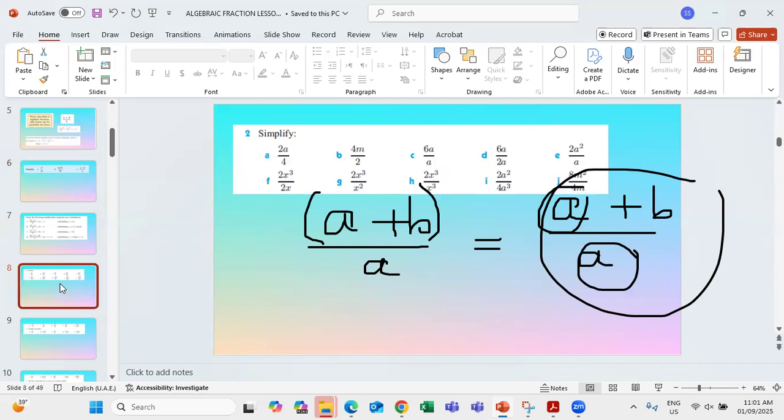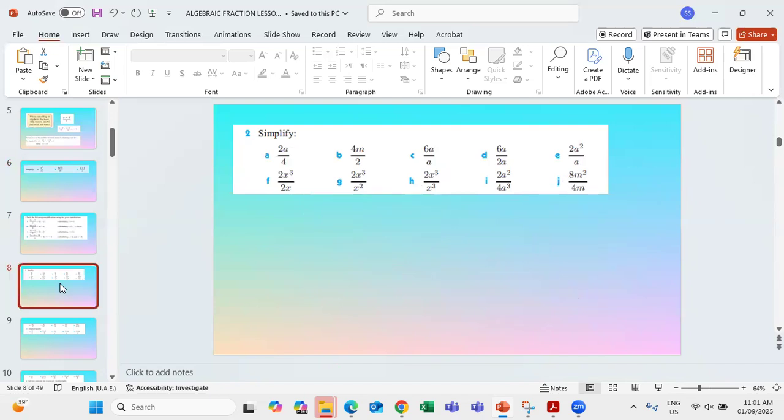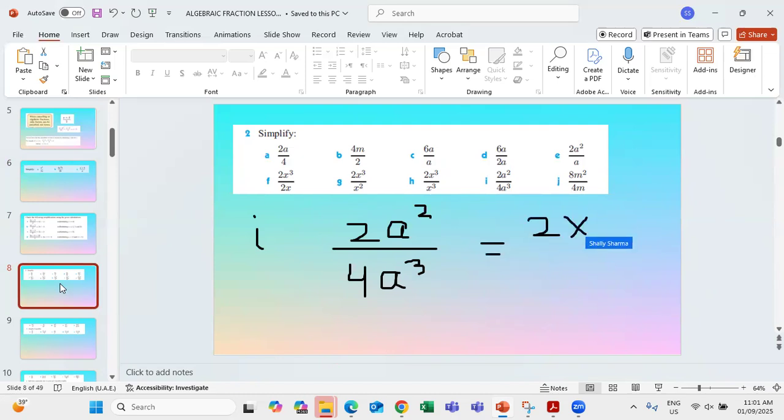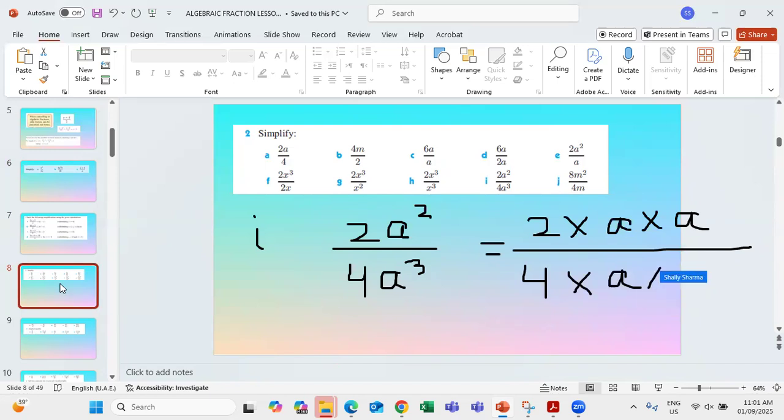Next, we have these kind of questions. Let's try question I, which is 2a squared over 4a cubed. You can apply the law of indices if you want, or otherwise it is 2 times a divided by 4 times a times a times a.